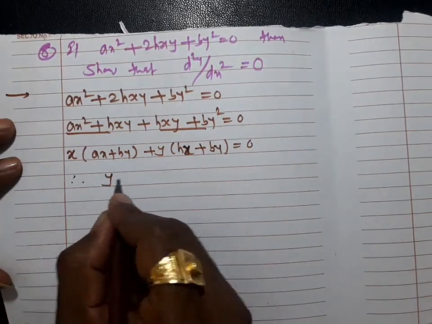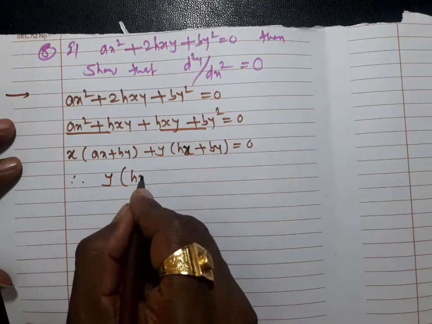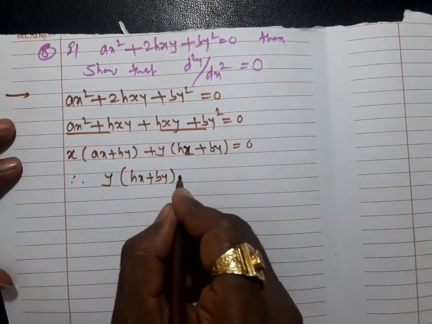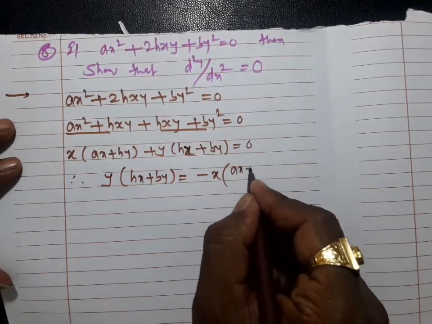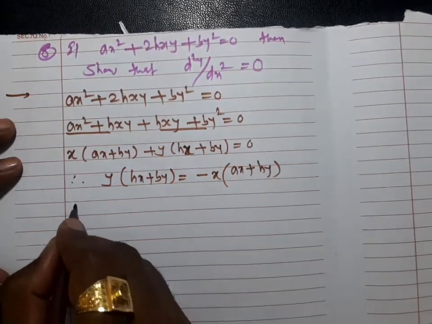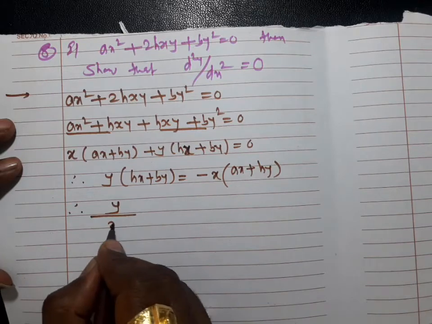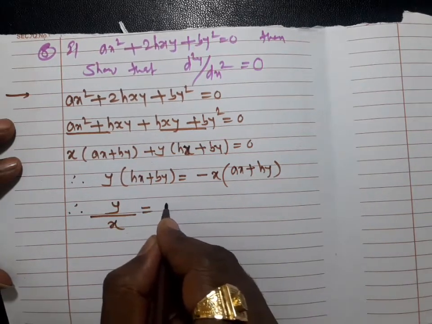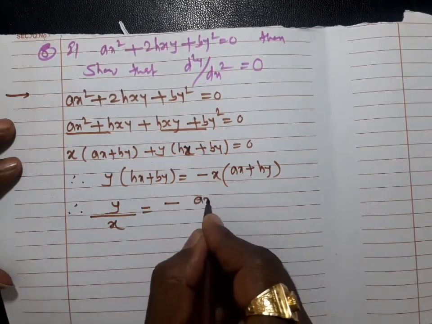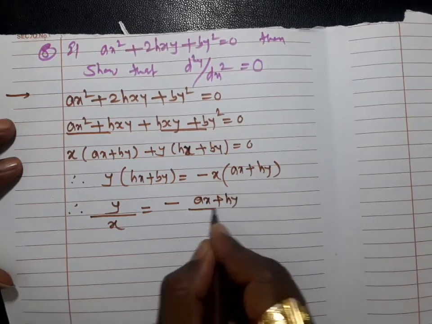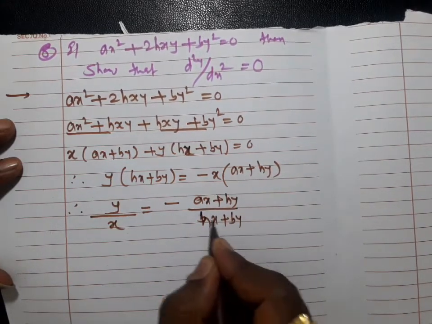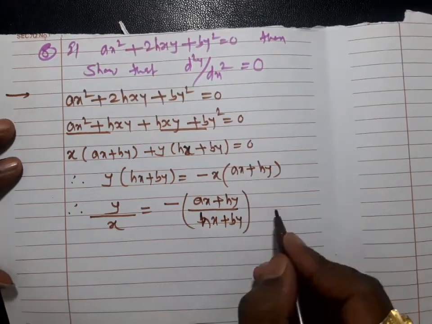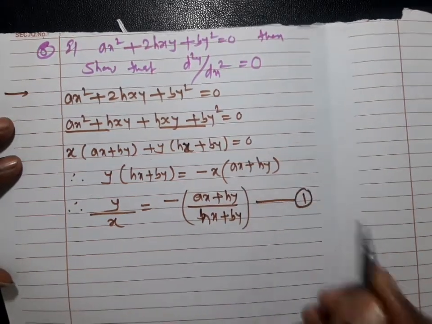So this is y(hx plus by) is equal to minus x(ax plus hy). Therefore y upon x is equal to minus (ax plus hy) upon (hx plus by). This I am calling equation number 1.